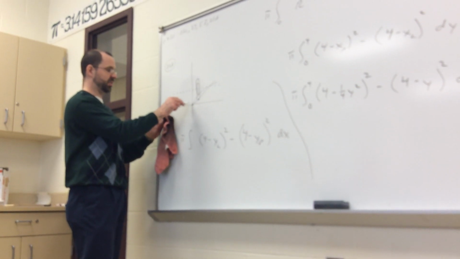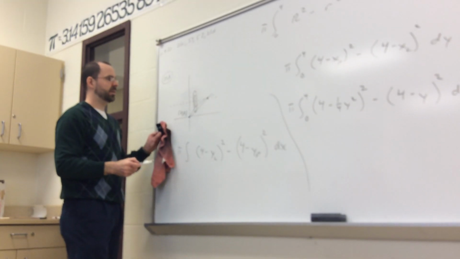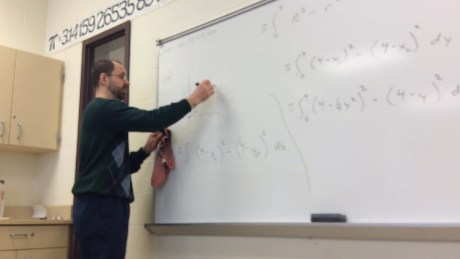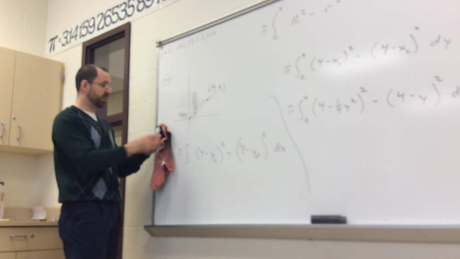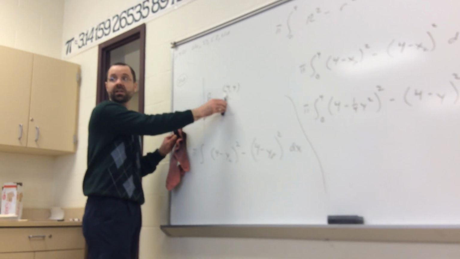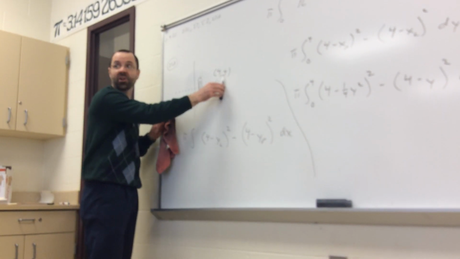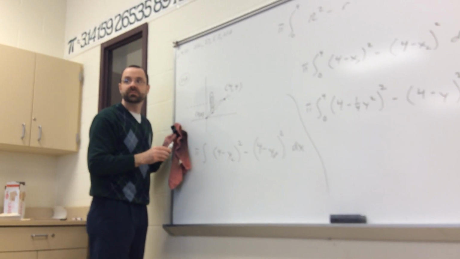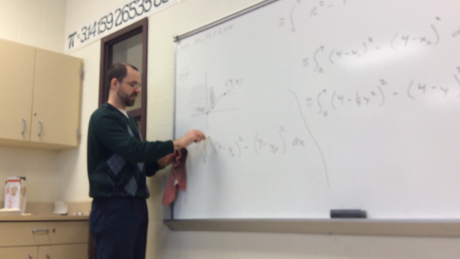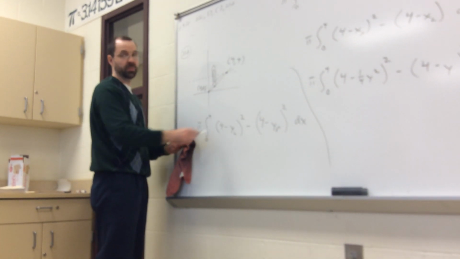I think we know this point's 0, 0. And is that point 4, 4? So now we're going 0 to 4. On part C, we went 0 to 4, right? Now we're going this 0 to that 4. Because it's dx. And then we need a formula for this.